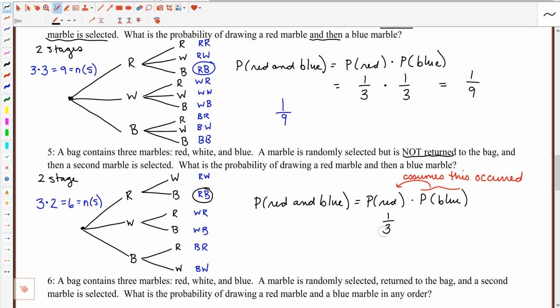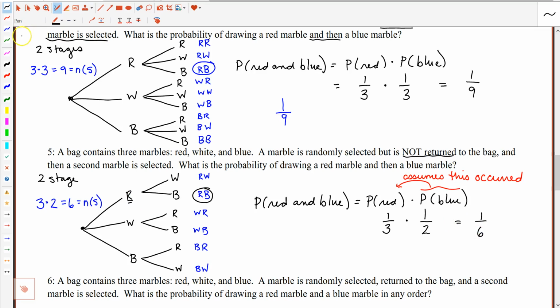That would be 1/3. Now, that's assuming that this action has already happened. So it's kind of like we're sitting right here, this action has happened. Now, on the second stage, what's the probability that the marble is blue? So notice that there are only 2 marbles in the bag, and one of them is blue. So notice how the counts shifted right here because this is assuming that this action had already happened. So then multiplying through, you get your 1/6.